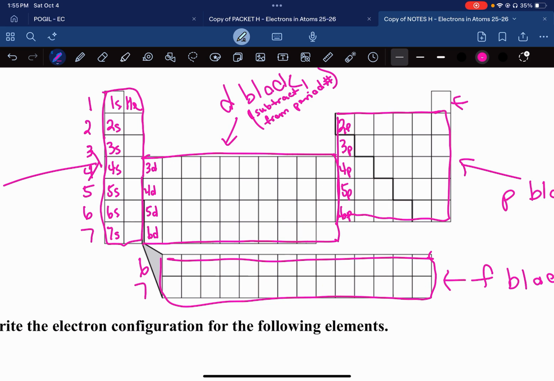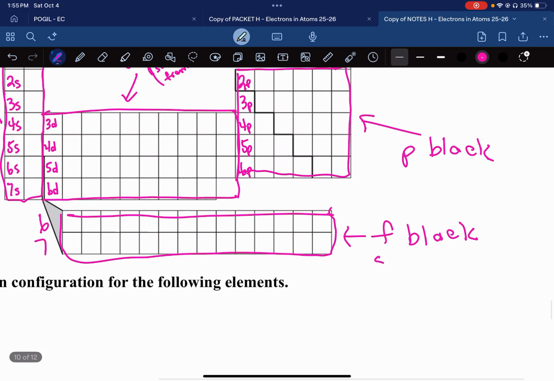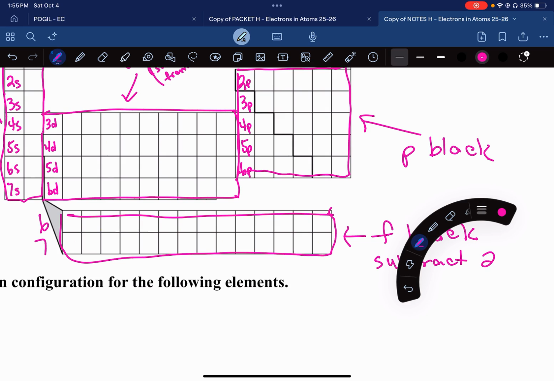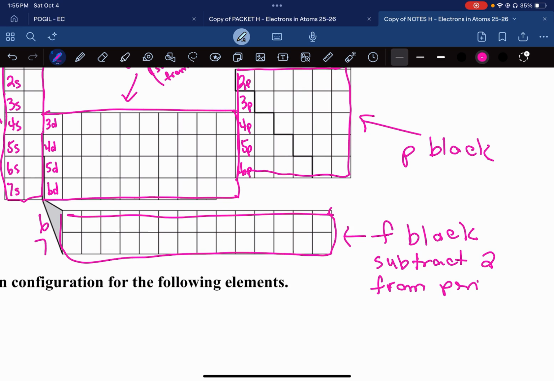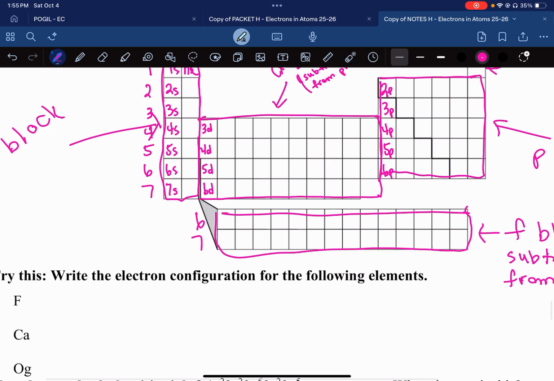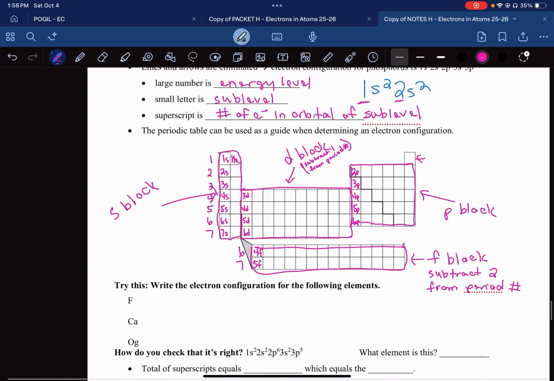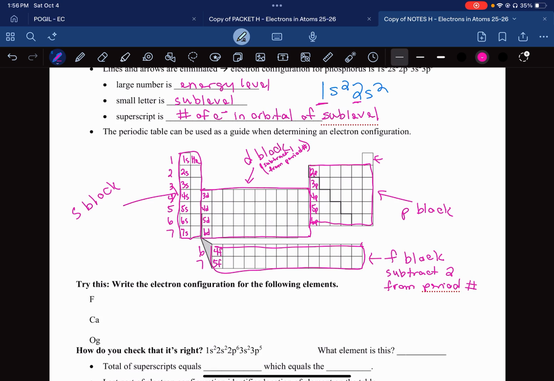Because of that, we're actually going to subtract 2 from the period number. So this starts off at 4f because 6 minus 2 is 4, and then this would be 5f. Now that we have this set up, we can do some electron configurations.